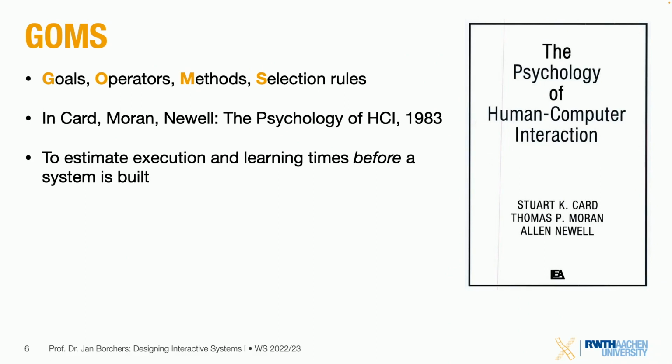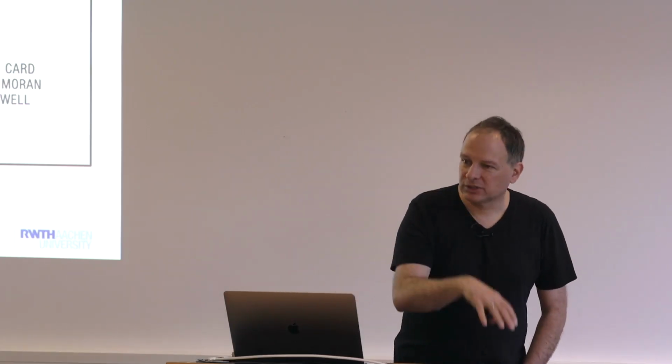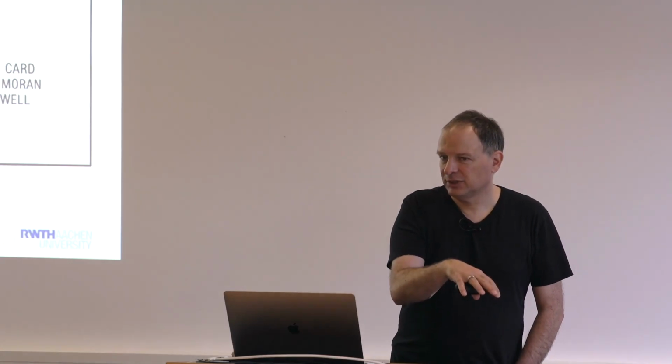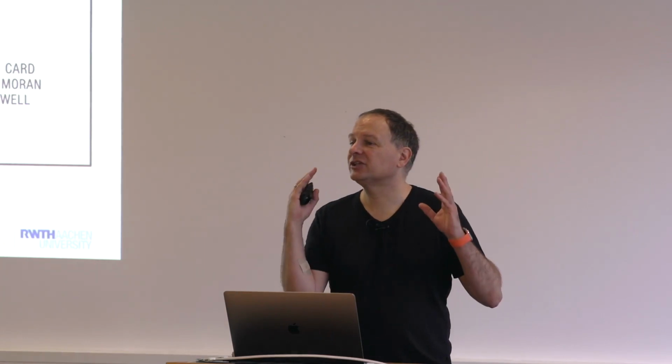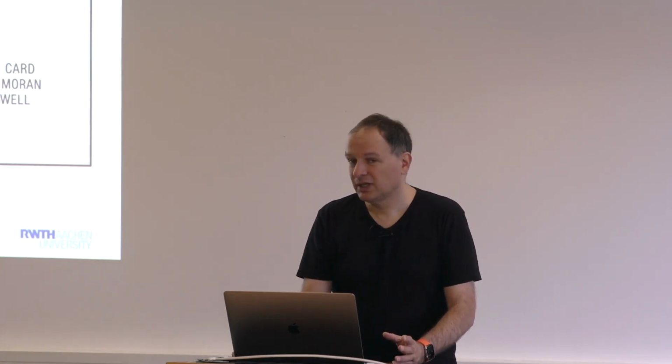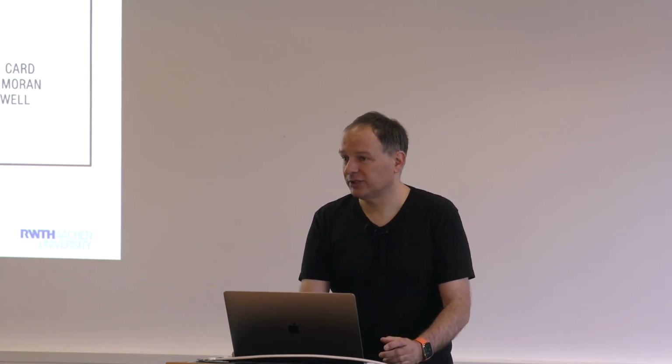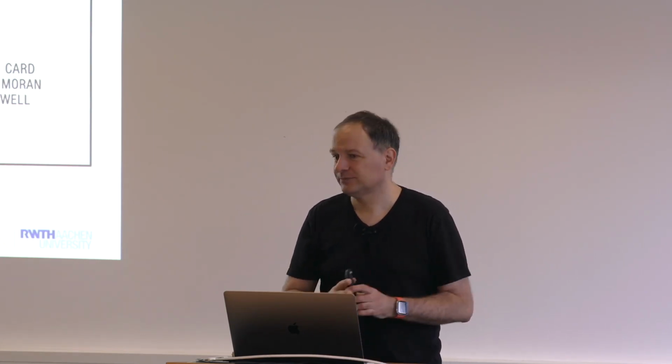So you actually don't need a working implementation of a system and run a user study with it. You can actually only have a description of how the system works, and you can apply the GOMS method to it, and you can calculate execution time. So that's a little bit like black magic, right? I can tell you how long you're going to take to do the following task with this interface without actually building the interface.